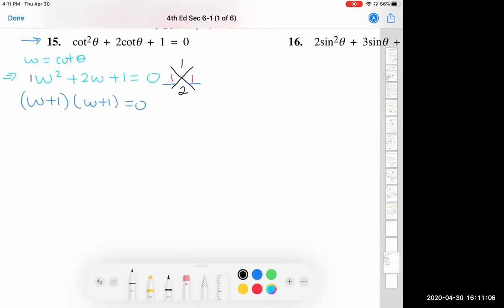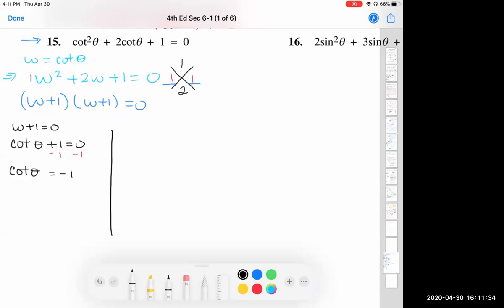Let's rewrite both separately so I can solve. So I have w plus 1 is equal to 0, and we said w is cotangent. So I have cotangent theta plus 1 is equal to 0. We solve for cotangent, minus 1, minus 1. We have cotangent of theta is equal to negative 1.